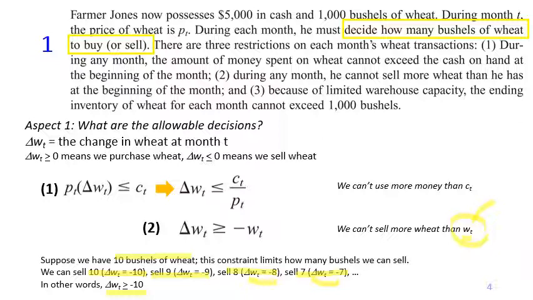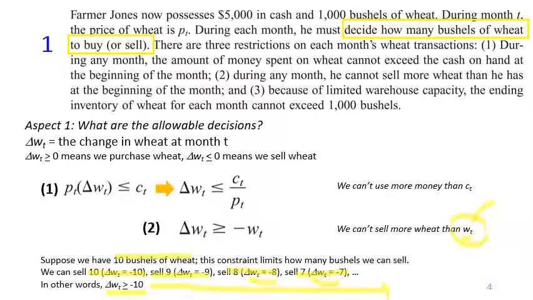So you cannot have delta WT equal minus 11 in this case, because minus 11 is less than minus 10. So you can only sell minus 10, minus 9, minus 8, and so on. Just convince yourself that these numbers, minus 9, minus 8, are greater than or equal to minus 10.